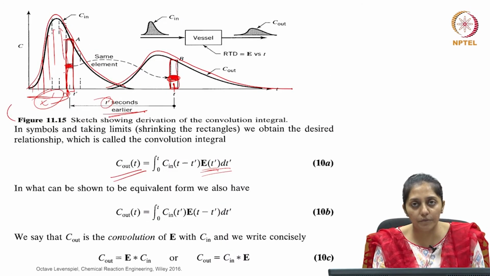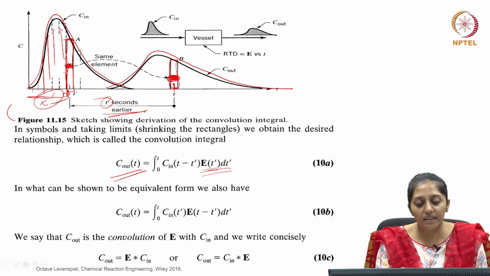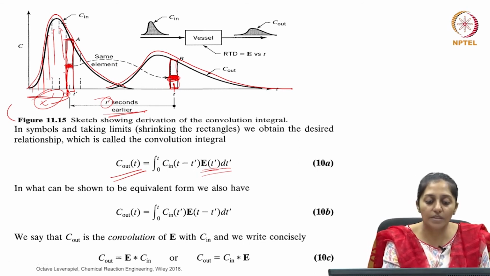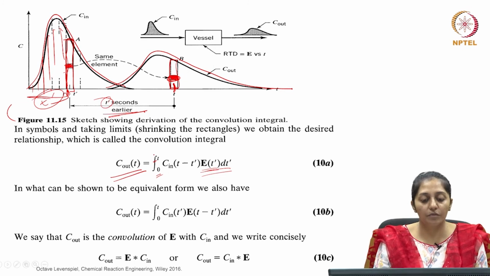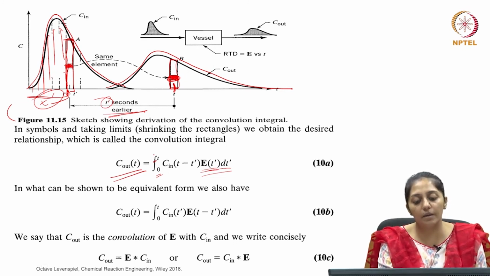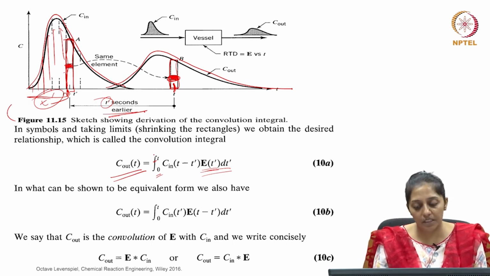So the fraction of the fluid element which is staying for the time t prime is E t prime dt. Now, here the integral will be over all those elements up till the time t. So the limit for integration would be 0 to t. So we need to consider all the elements which have been entering before time t.